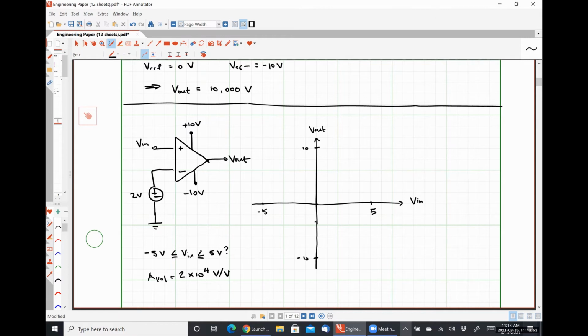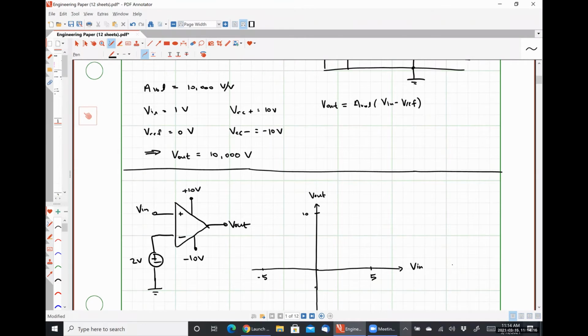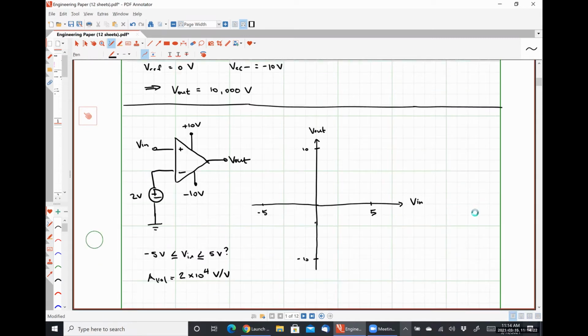Okay, so I'm going to start with something simple. Let's say that Vn were 0 volts. Okay, so we're just creating a data point here. So if Vn were equal to 0 volts, what would we expect our output voltage to be based on our governing equation, which is that the output voltage is the gain multiplied by the difference in our signals?